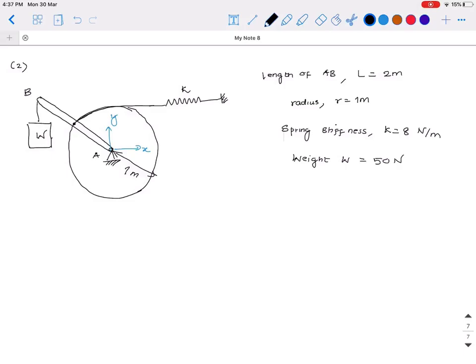What we need to find is that the problem statement says when rod AB is in vertical position, the spring is unstretched.